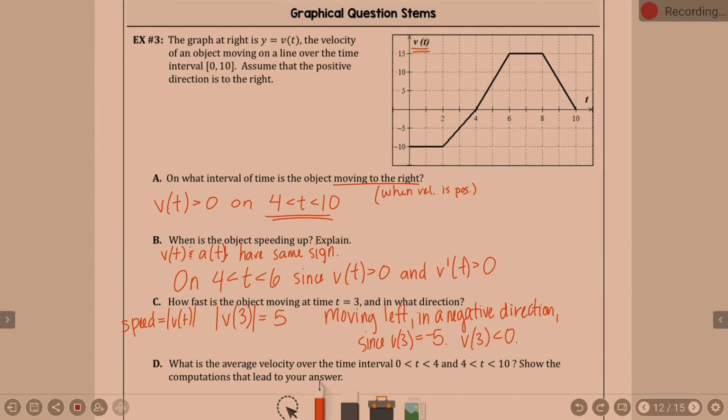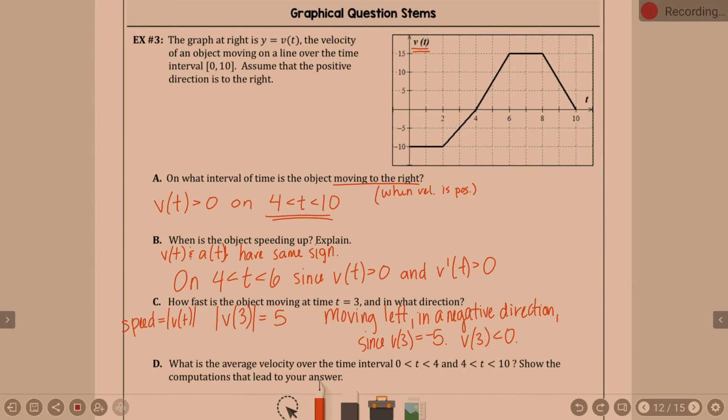Okay. When we talk about average velocity, it is average rate of change. Average velocity, average rate of change. So we are looking at change in position over change in time, or displacement over time.